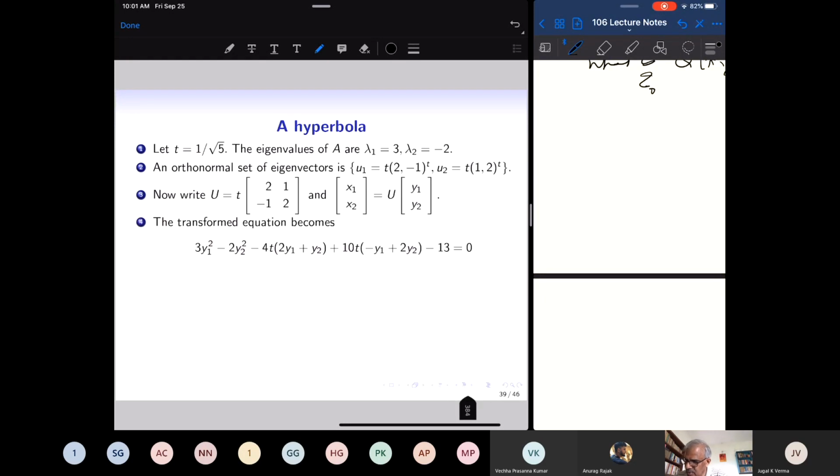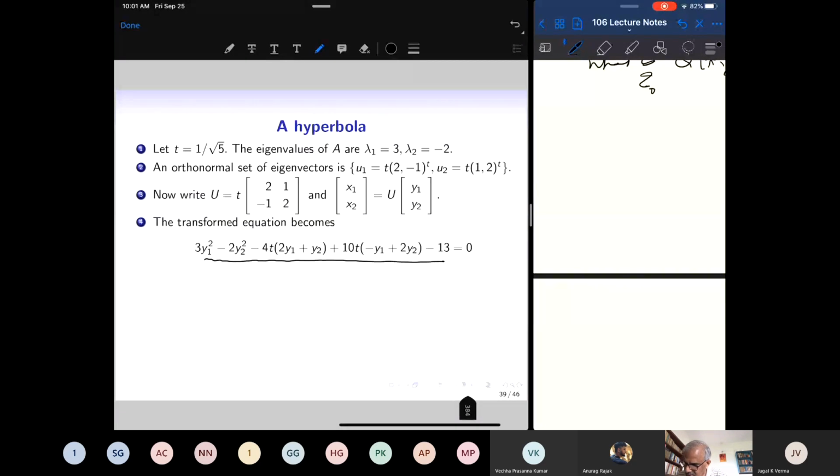And so the transformed equation, when you substitute x1 equal to y1, y2, the first coordinate on the right hand side, and x2 in terms of y1 and y2, then I will get this equation. So in this equation, there is no y1 y2 term.